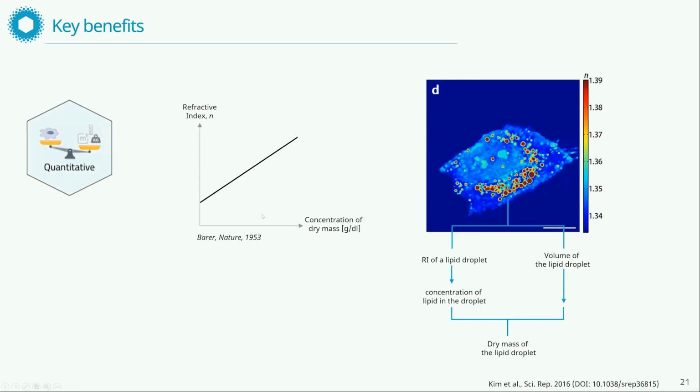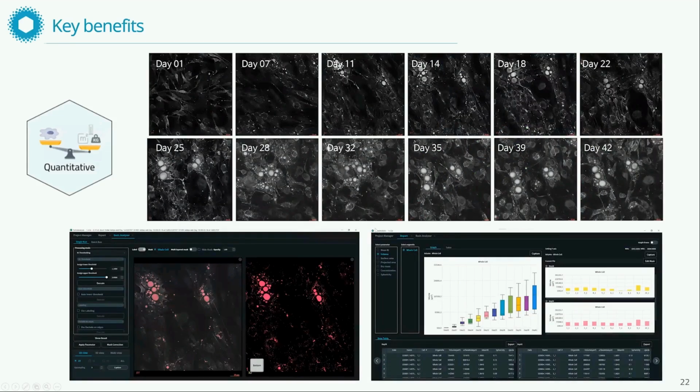Since we can do this quantitative imaging analysis, let me give you one example here. This is the same movie that I have shown in the earlier slides, from fibroblasts, cells differentiating into adipocytes. And using our software, TomoAnalysis, you can do simple segmentation to pick out the lipid droplets based on their refractive index values.